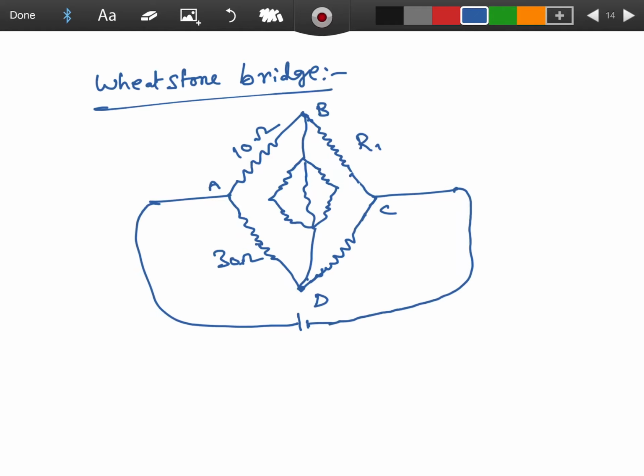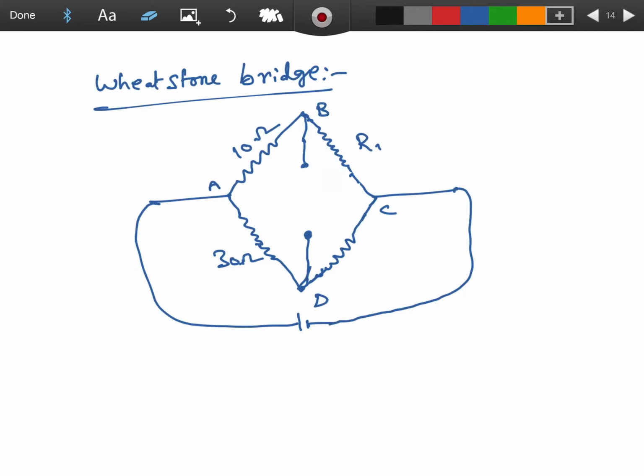You don't worry about this one. First you take the outer one. Forget about that one.